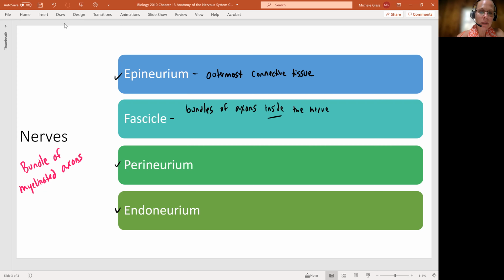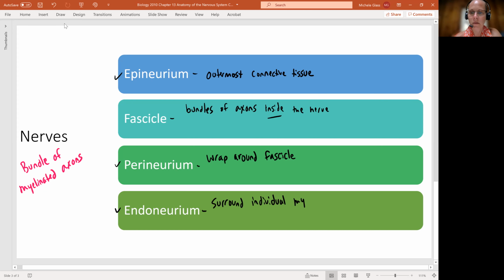So the perineurium is going to wrap around the fascicle, and then the endoneurium is going to surround individual myelinated axons.